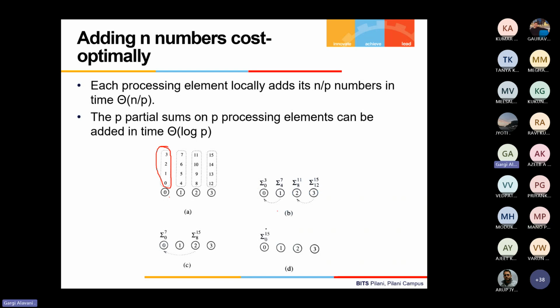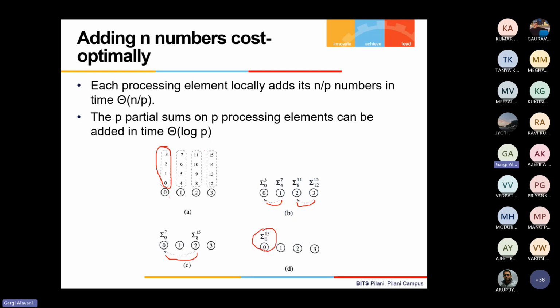And in the next step, it communicates its value to the next processor. In the third step, it sends its value. Two processors remain idle and two processors are active, and they share the values. And in the final step, you are able to solve this problem and get the sum.